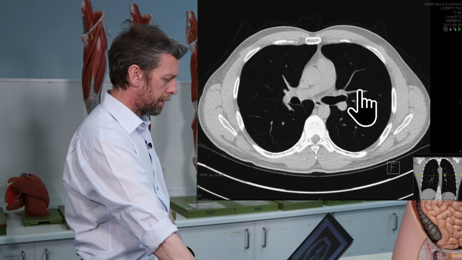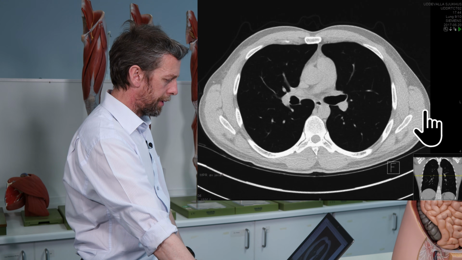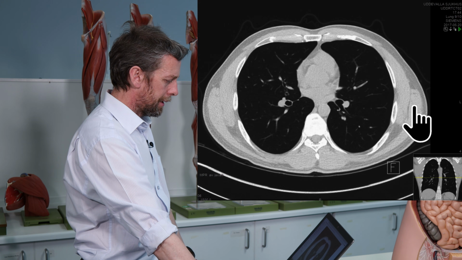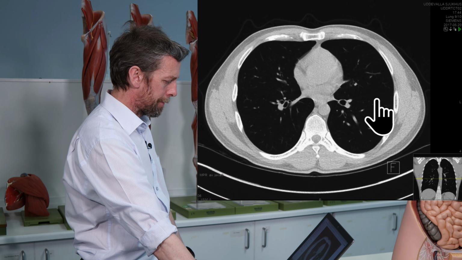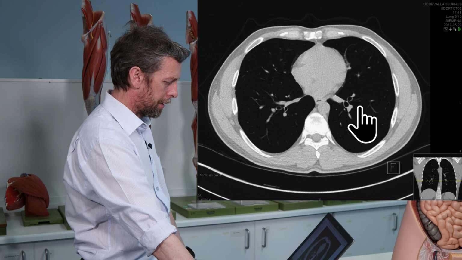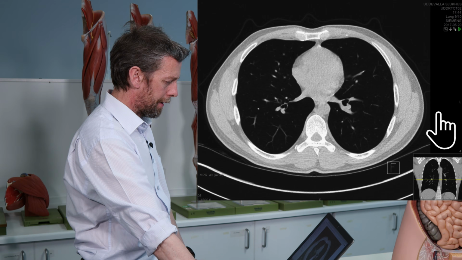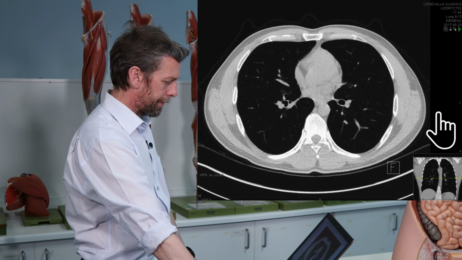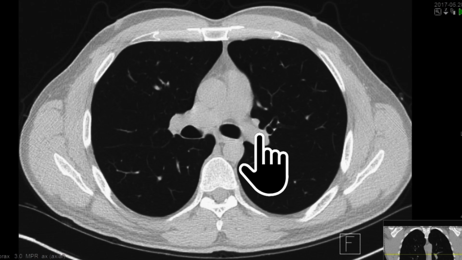Scrolling down. Pulmonary trunk, pulmonary arteries, so a little bit inferior. You know, we're seeing things, aren't we? There we go. So, scrolling up, there's our Y of the pulmonary trunk.